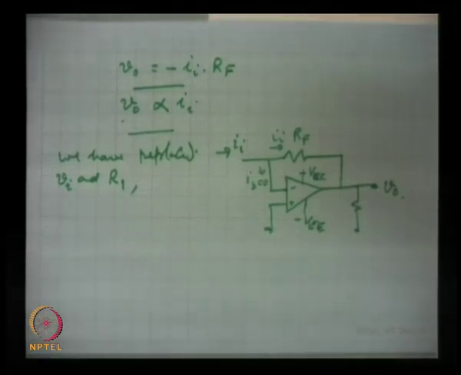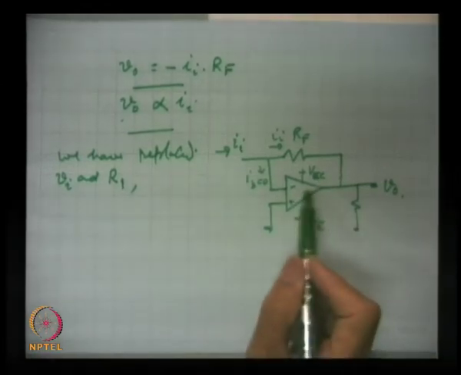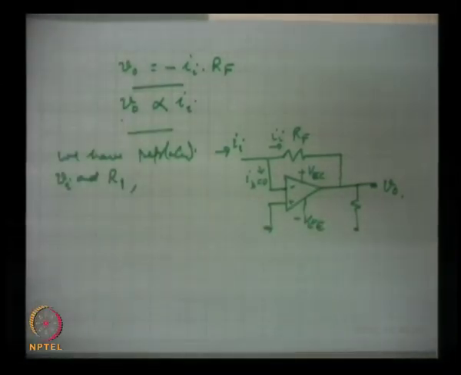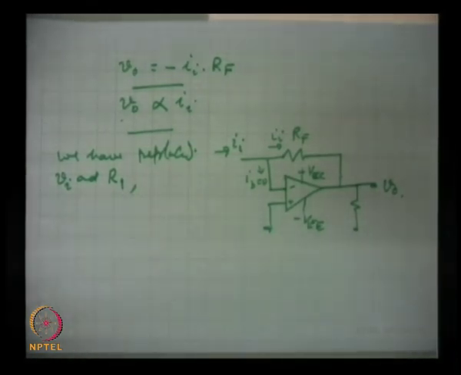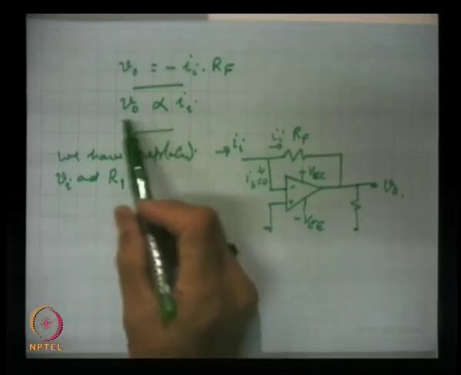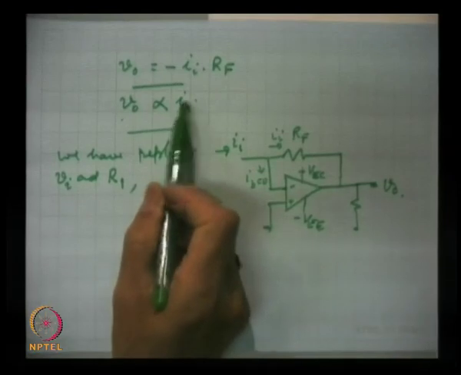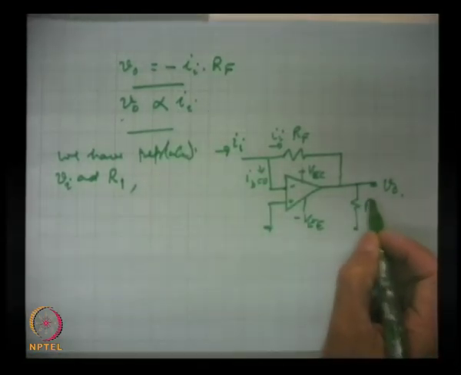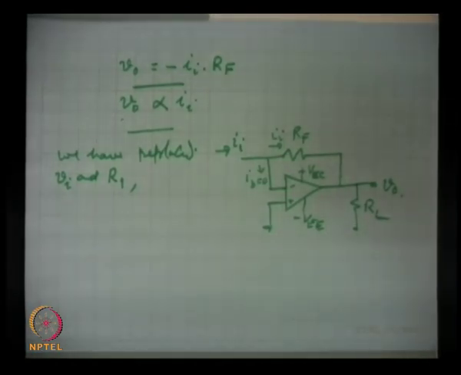And here, since the output resistance of the inverting amplifier is very low, the voltage developed because of this current variation will be independent of the load resistance, because again the same thing, low and high impedances in parallel, the lower one dominates.